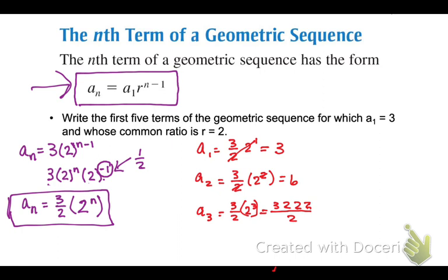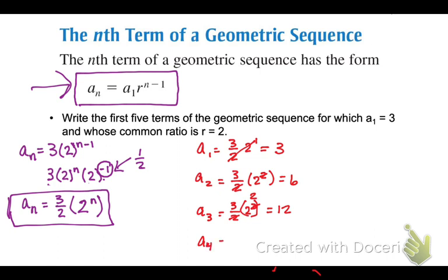Yeah, because look, how many are left? 2. Okay, now that makes sense. 2 to the third power isn't 6. Dang it. Oh, it's been a day, right? So 2 squared is what? 4 times 3 is 12.